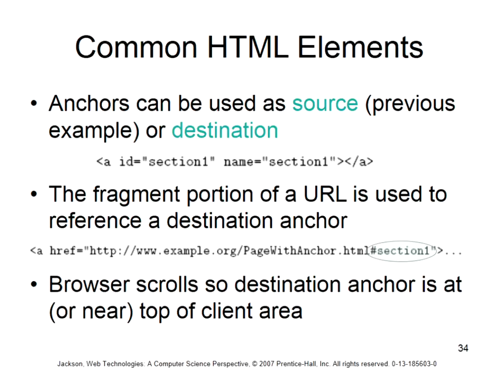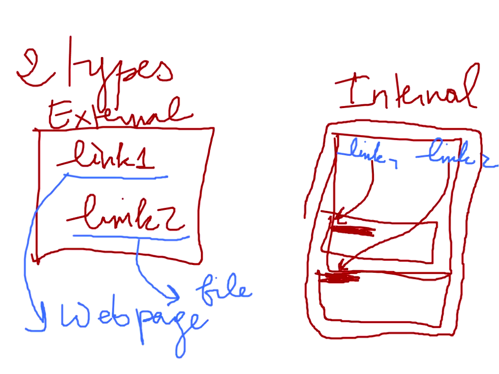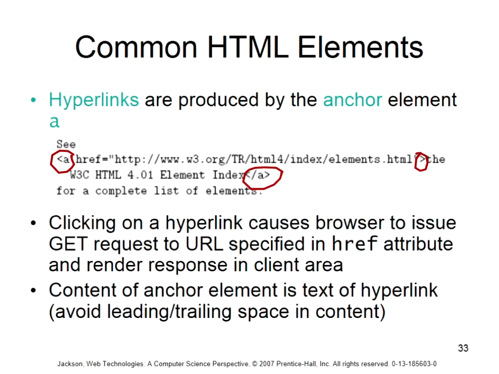So in the first example, to create a link, we will use A. After that, we have to specify href, our link. After that, we specify the text of the link.